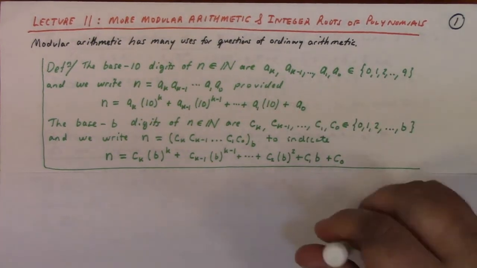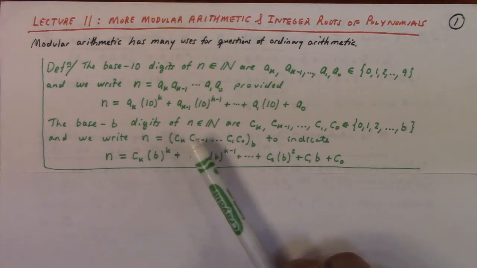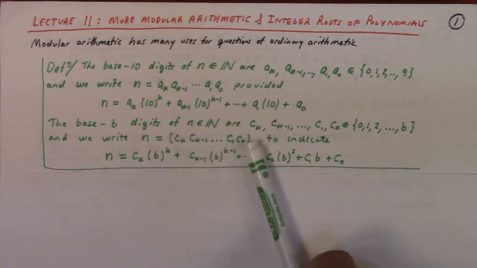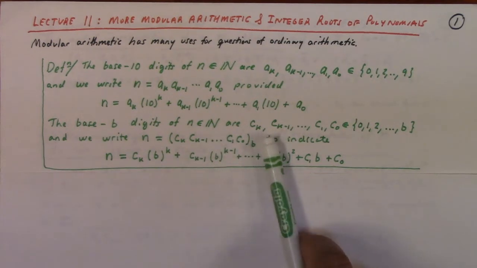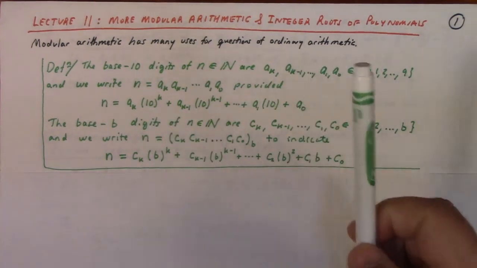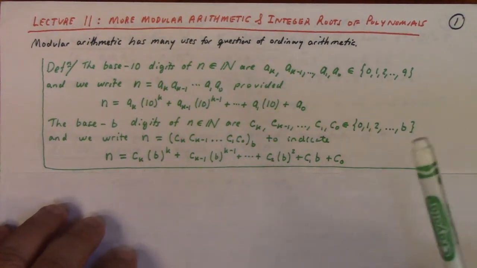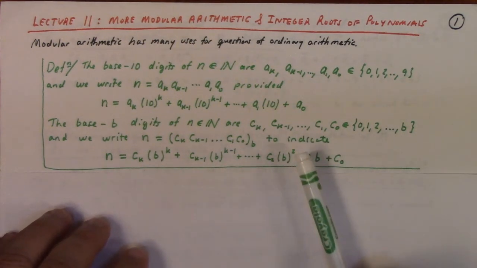But you could also talk about a base b expansion of a number, where you're using your digits, which is a bad word to use here, since digits has a sort of base 10 idea in the very language. But anyway, I'm going to get over it and just call it digits.